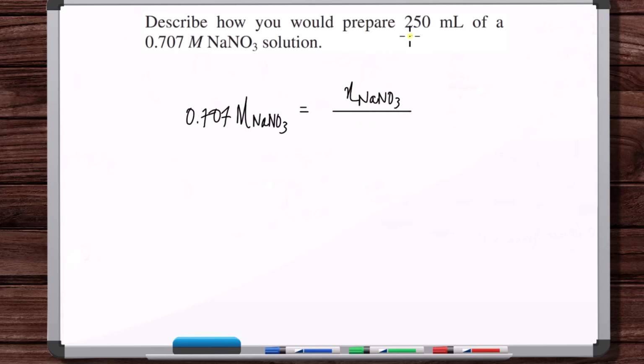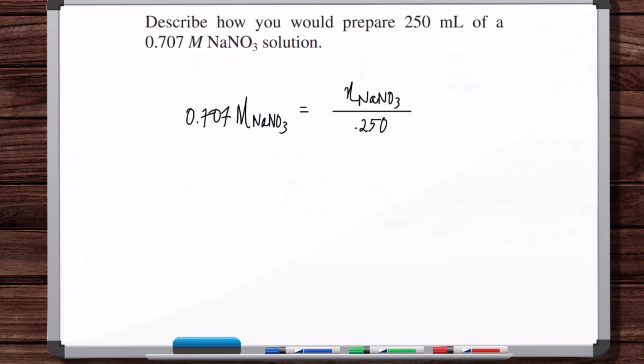250 milliliters. Okay, but molarity is moles per liter, so we need to convert this to liters, to make sure the units are right. The units of molarity are moles per liter, so this 0.707 is moles per liter. So you have the moles of sodium nitrate per liter, and you divide that by 0.250.